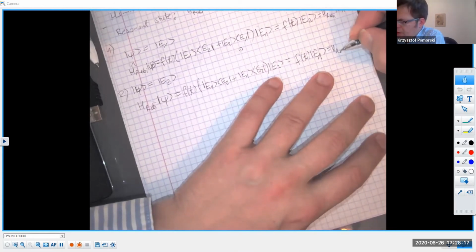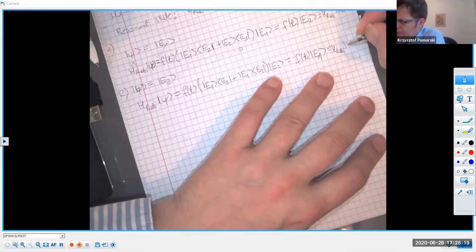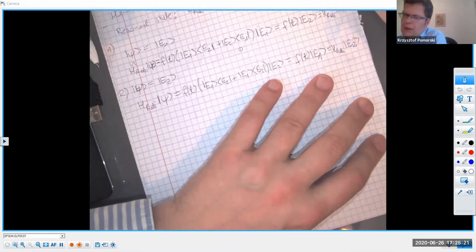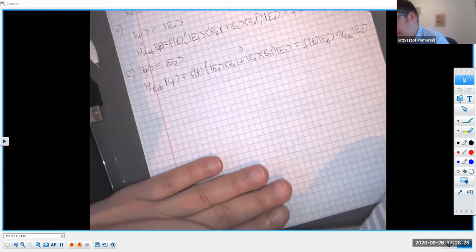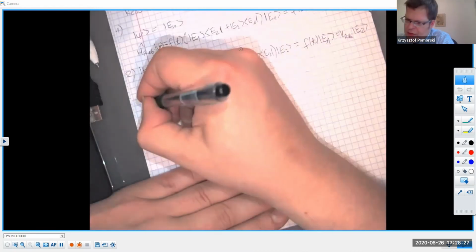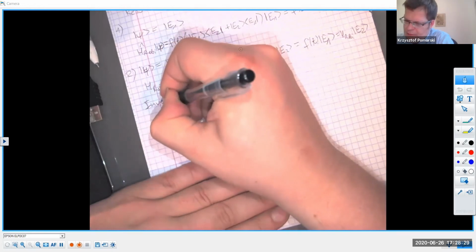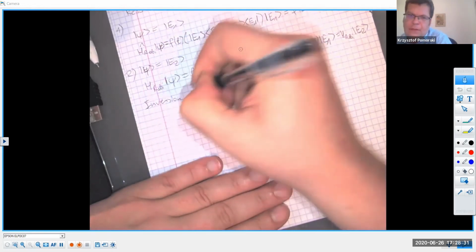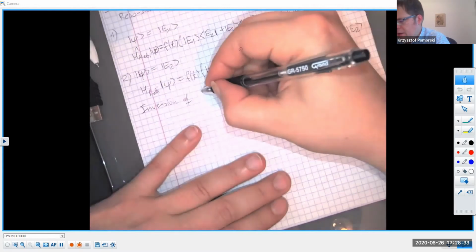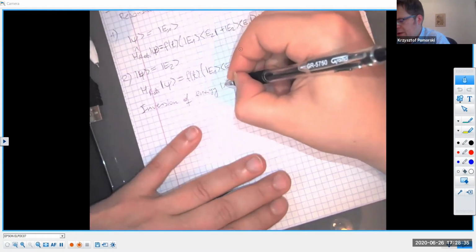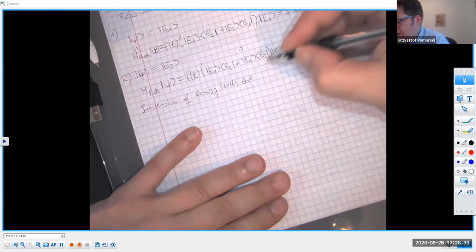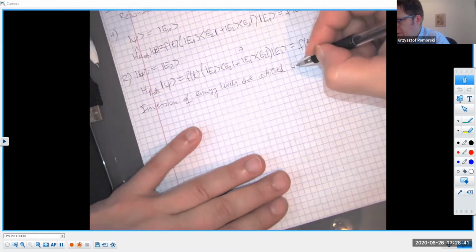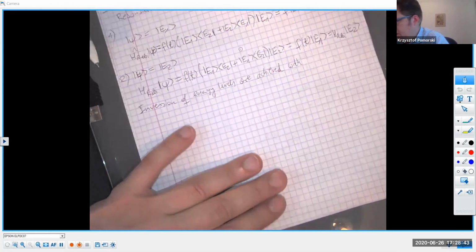So this is the picture. We see that inversion of energy levels is achieved with a resonant state.